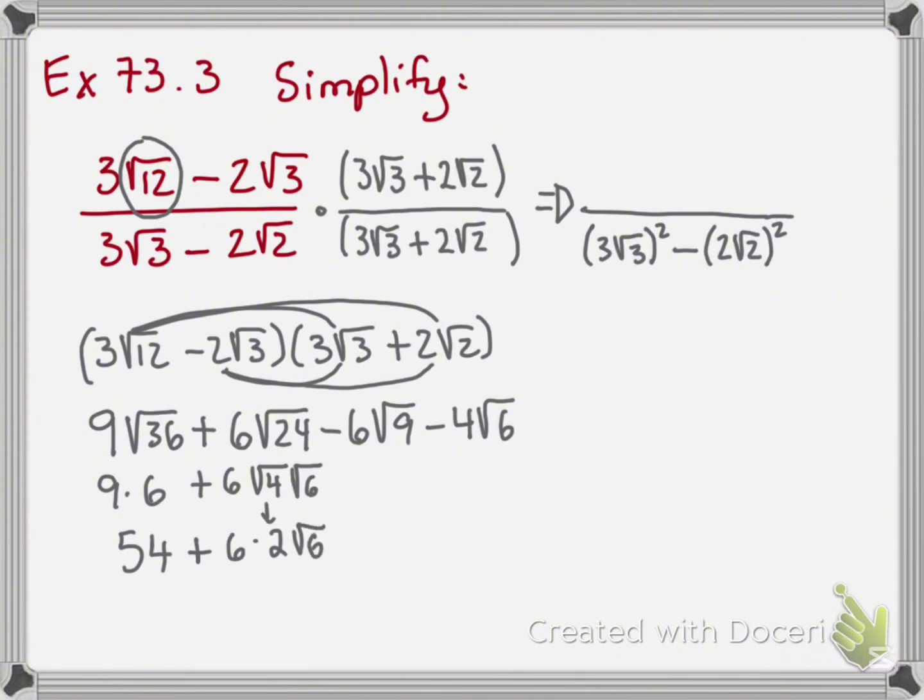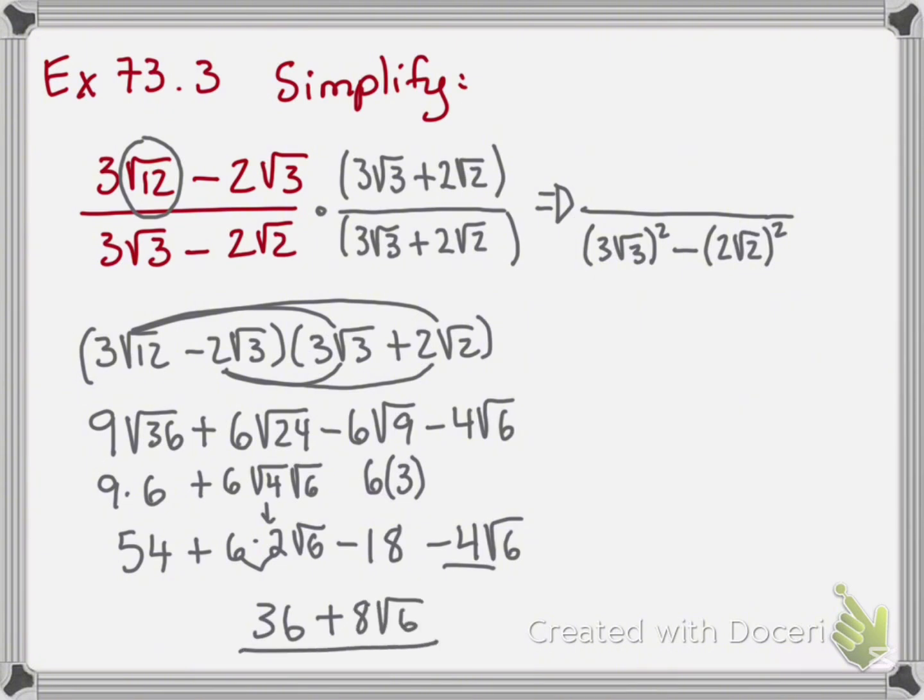Then we have 6 times the square root of 9, which the square root of 9 is 3. So 6 times 3 is 18. Don't forget the signs. Be careful with the signs. And then the square root of 6 that we cannot simplify. So we're going to have 54 minus 18, which is 36. And then 6 times 2 is 12, and 12 minus 4 is 8 square root of 6. And that's our answer for the top.